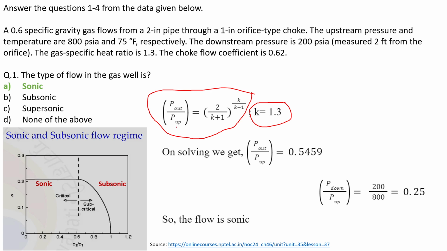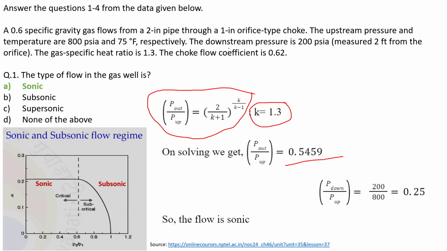Now after knowing this ratio, which after solving we find as 0.5459, we have to place this value in the graph of sonic and subsonic flow regime. This graph is between the flow rate and P2 by P1, which is the P outlet by P upstream ratio. According to the position of this ratio, we can find out whether the flow regime is sonic or subsonic.